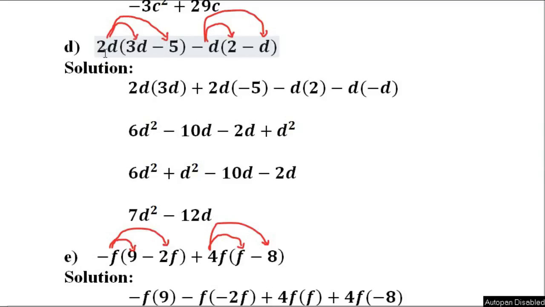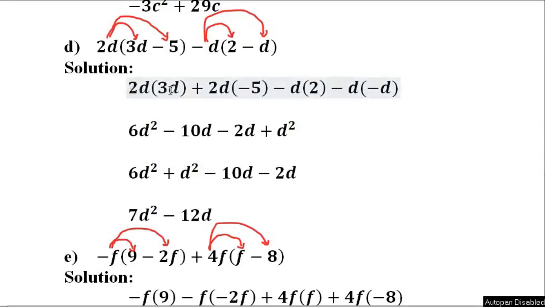Let's distribute this positive 2d to the positive 3d and then to the negative 5. Then we can distribute the negative d to the positive 2 and then to the negative d. So we have positive 2d times positive 3d, positive 2d times negative 5, negative d times positive 2, negative d times negative d.